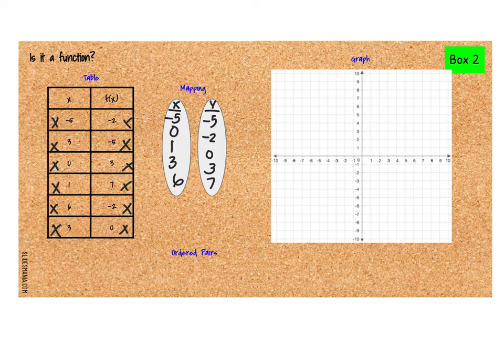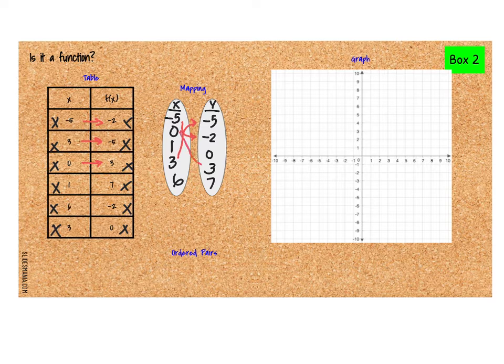Again, I'm going to pair them up. I'm going to draw arrows, so the negative 5 goes with the negative 2. 3 goes with negative 5. 0 goes with 3.